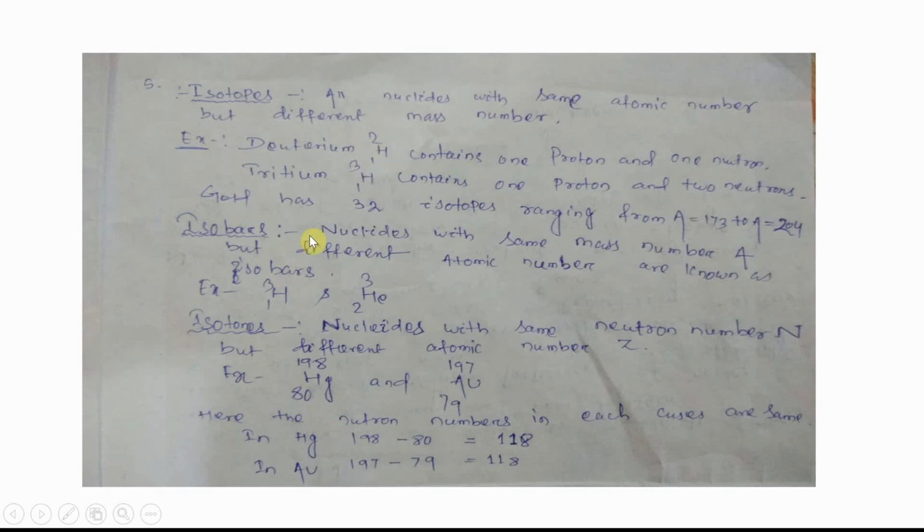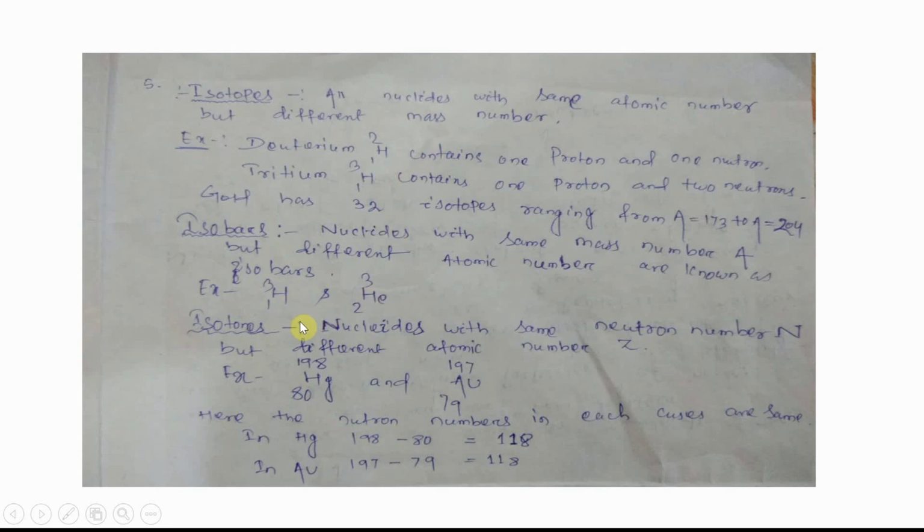Next come to isobars. The nuclides with the same mass number A but different atomic number are known as isobars. Just the opposite of isotopes.